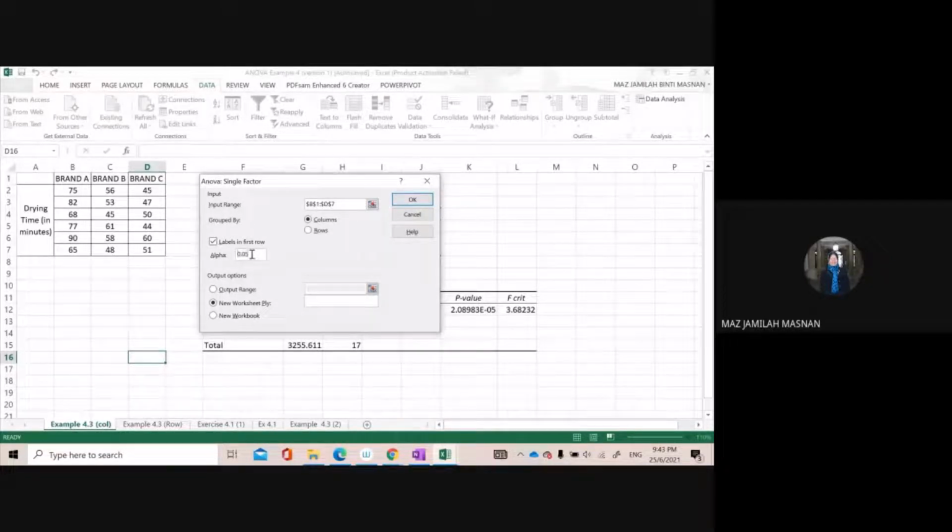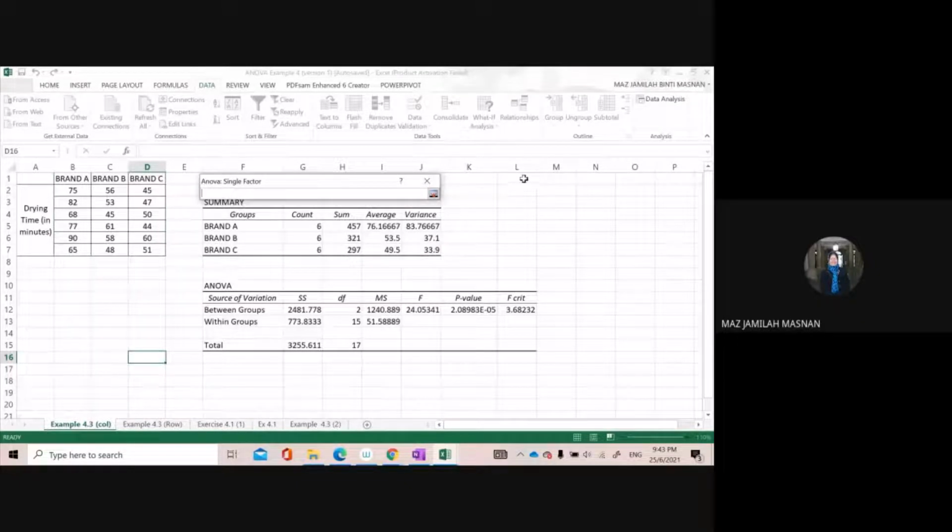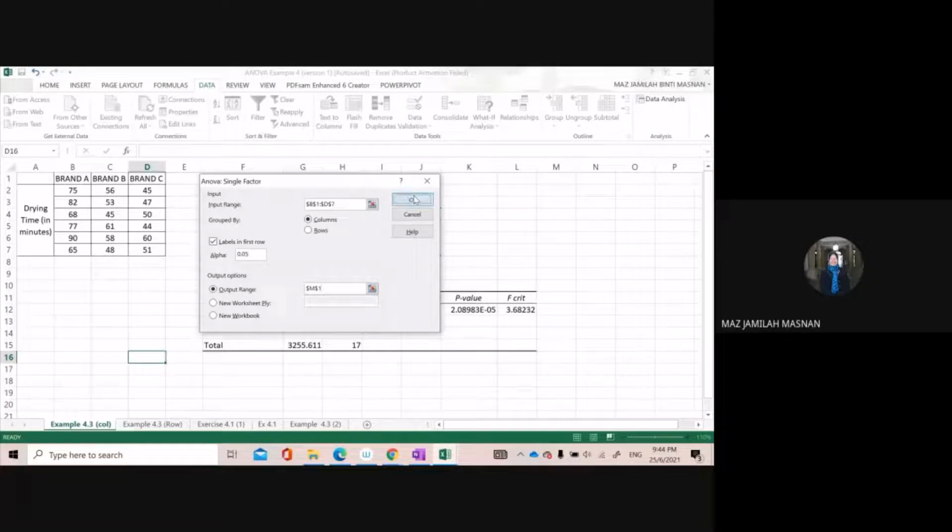If in your operation you need to use 0.10, then change it to 0.10. In my case, I would like to have my result side by side with my data, so I just put it somewhere. Let's say I put it here. Then click again, and then click OK.